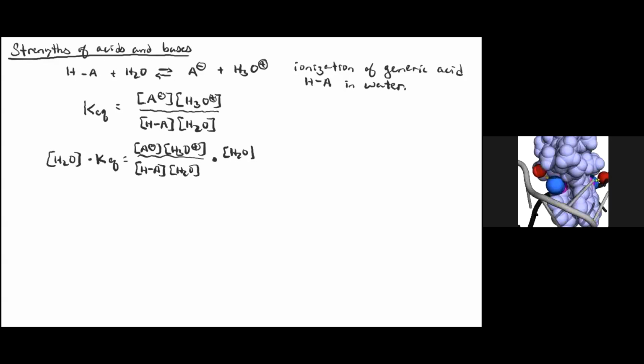On the right side of this equation, you can see that the waters cancel out, and so we can simplify it and say concentration of A minus, concentration H3O plus divided by concentration HA. And this is defined as what we call the Ka, or the acidity constant.